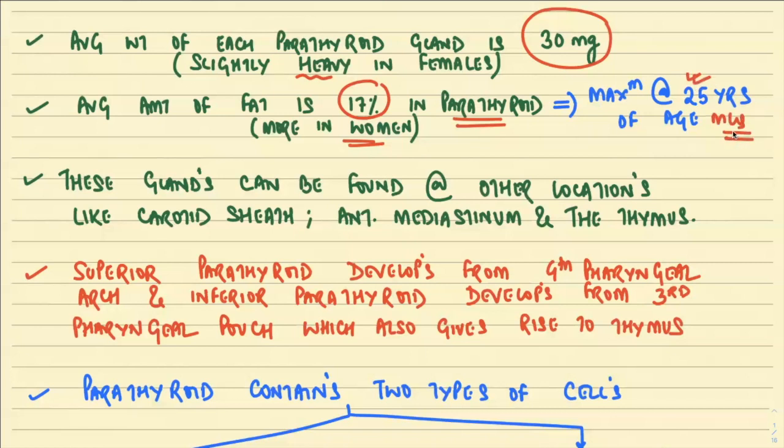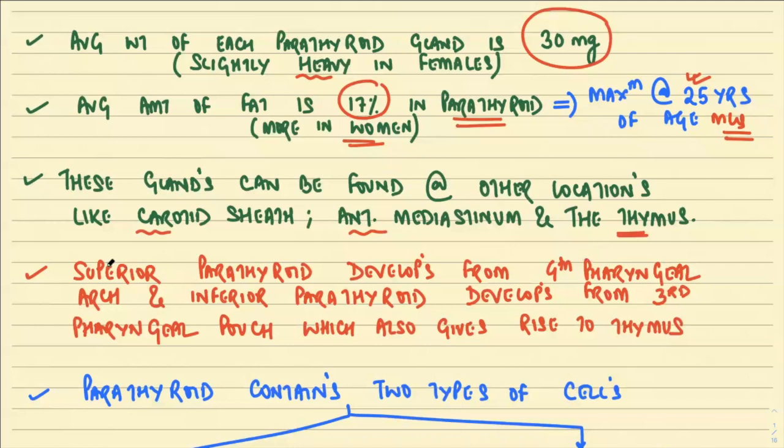Now, the parathyroid, in addition to its usual location close to the thyroid gland, can also be located at other ectopic locations like the carotid sheath, the anterior mediastinum, or even in the thymus. Now, we have to understand a very important MCQ that is asked: what is the normal line of development of the parathyroid?